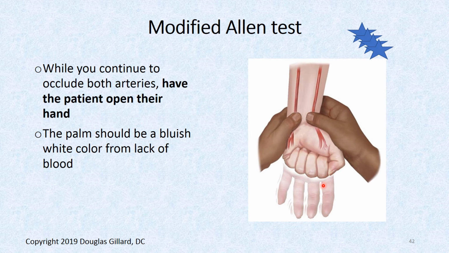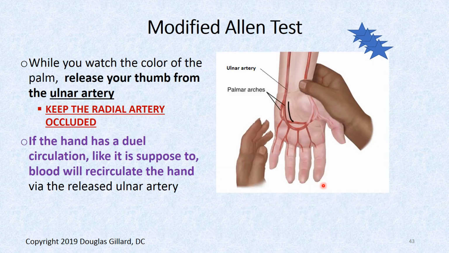And then what you're going to do is open the ulnar artery. This is what we're testing to see if blood's going to return to the hand. If the patient has a normal palmar arch, deep and superficial, their hand will stop looking so grossly white and it'll turn red within 5 seconds. And that's a normal response.